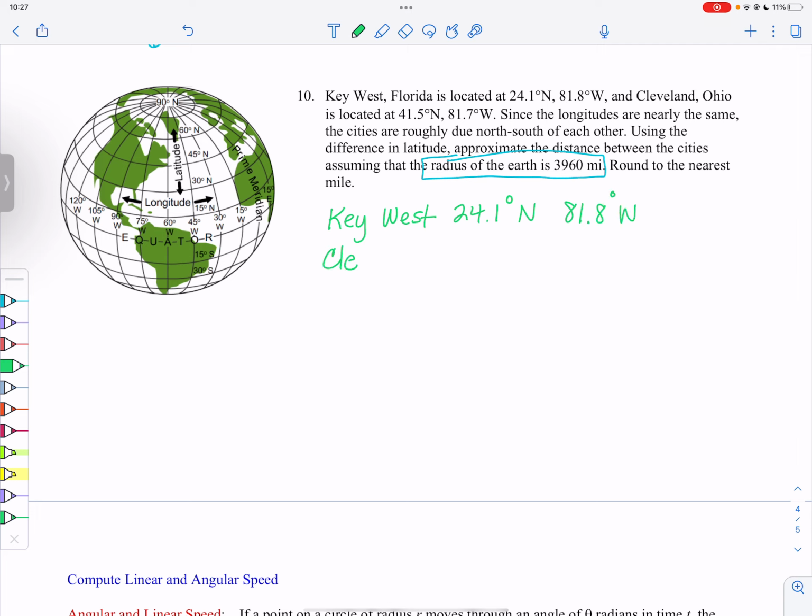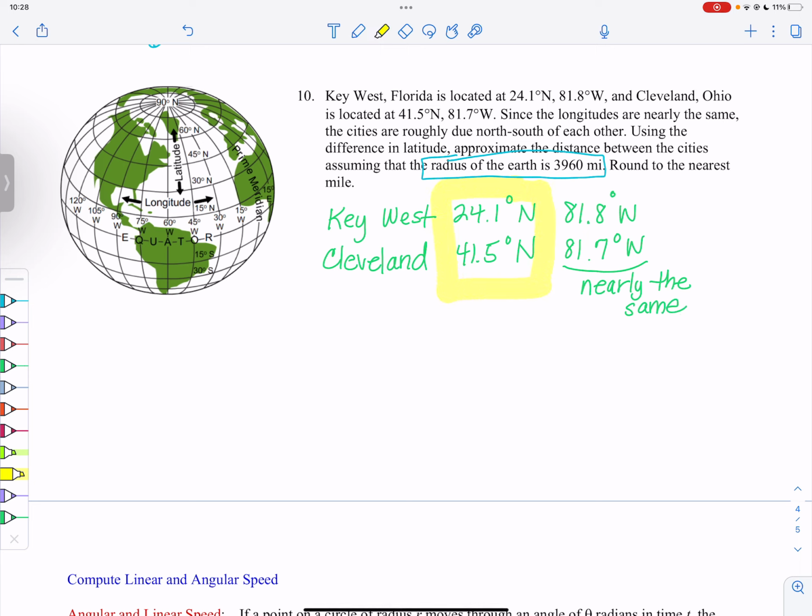And then we have Cleveland is 41.5 degrees north and 81.7 degrees west. They are saying that these are nearly the same. So they would just like for us to look at these latitudes.